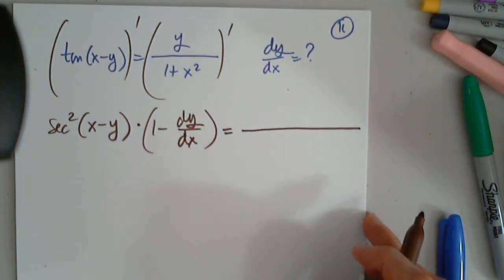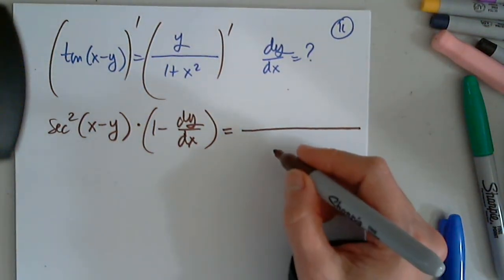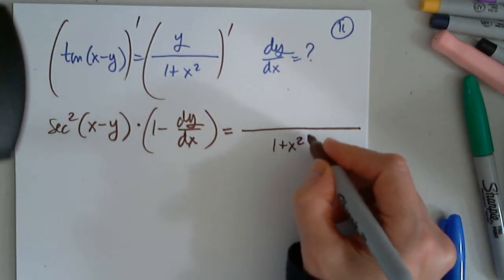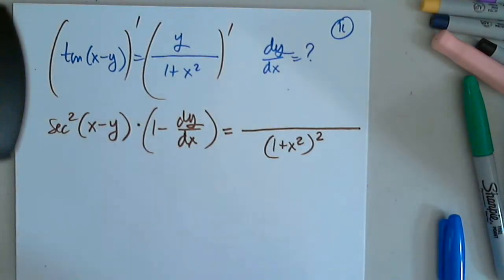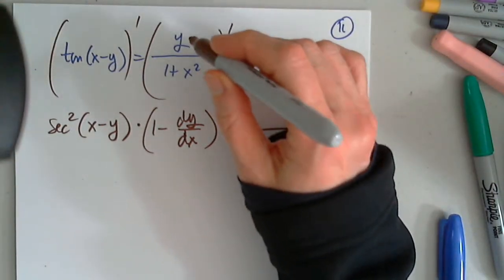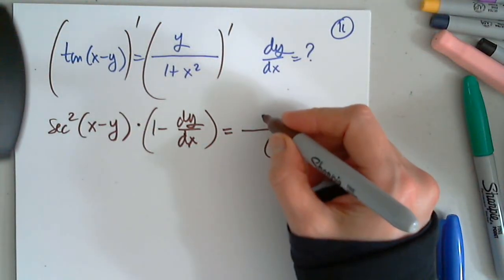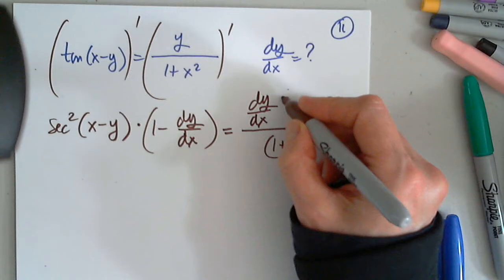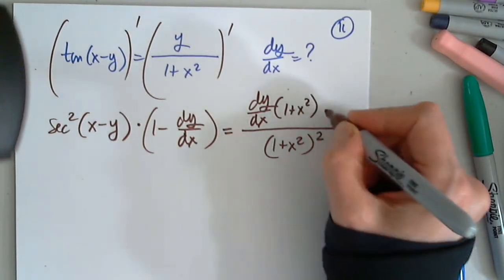We will start with the denominator. What do I have to do to the denominator? Square it. Very good. Awesome. Great job. Now, we use the quotient rule. The top function prime, what do I write? dy dx. Perfect. Thank you. Times the denominator minus.